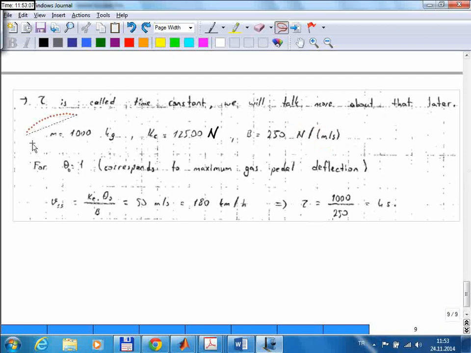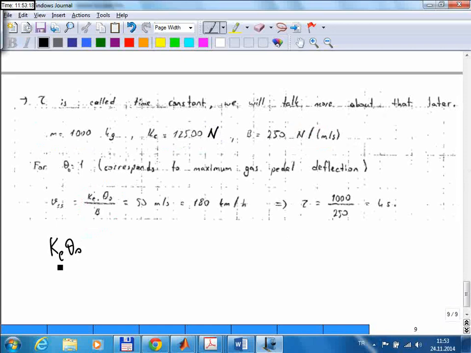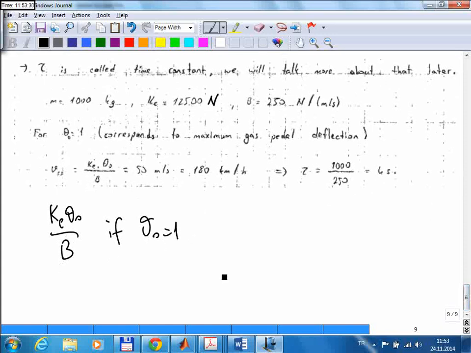By using these numerical values, we see that the steady speed of the car is given by this much. If theta 0 is equal to 1, which means we apply the full gas input to the car, then the steady value of the speed of the car can be found as 50 meters per second, which corresponds to 180 kilometers per hour.